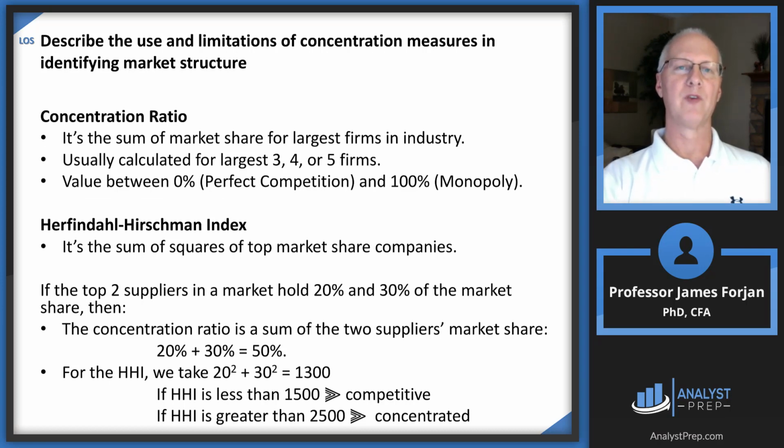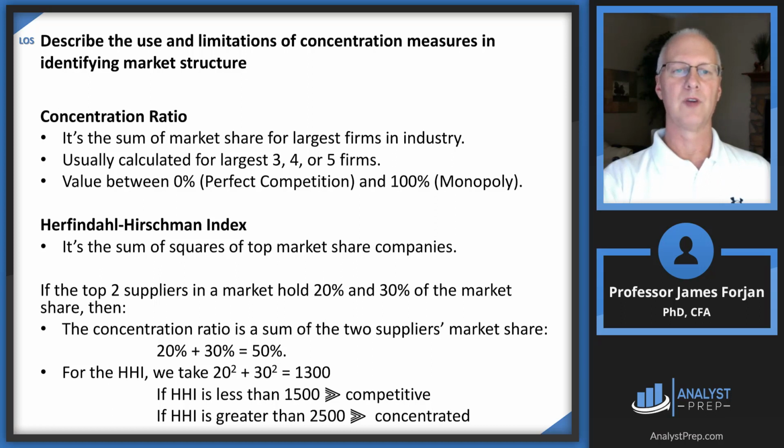Now, remember that first slide where I said there was little competition at the top and lots of competition at the bottom. Well, of course, there have to be some ways to measure this level of concentration or competition in the market. And so there are two well-defined measures.